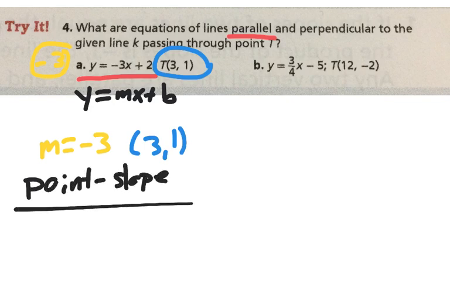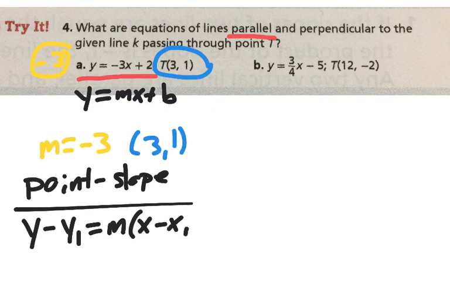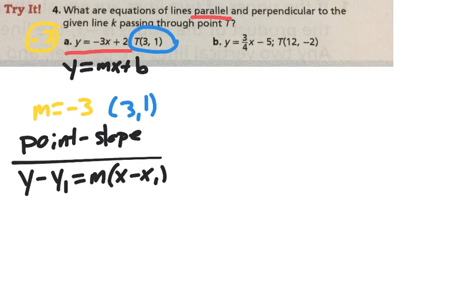So point-slope form looks like y minus y1 equals m times x minus x1. So when I'm plugging in, -3 is going to be my m. 3 here is going to be my x1, and 1 is my y1, because they're the x and y of the ordered pair.